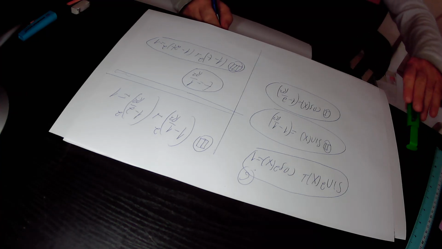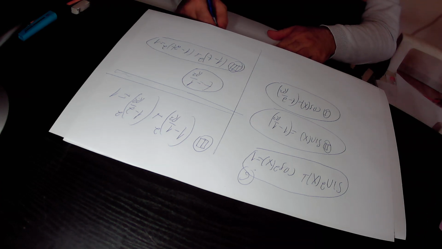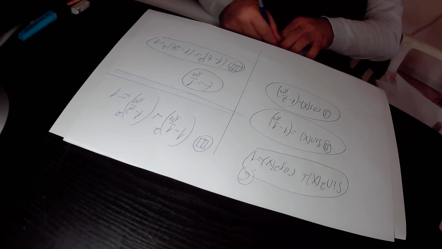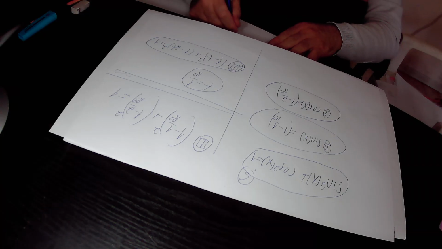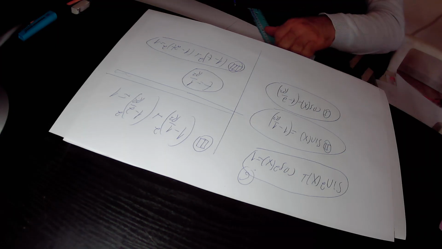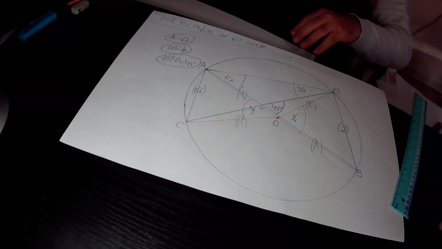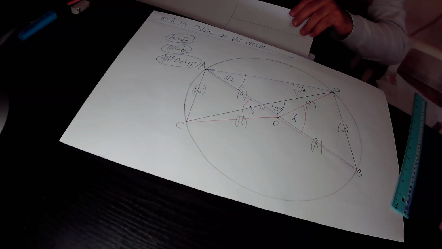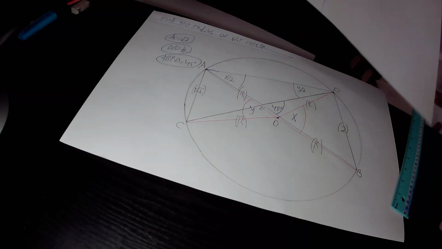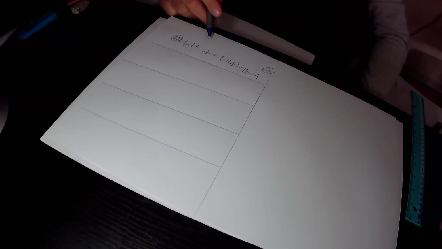So we found out that according to equation 3, 1 plus t squared minus 2t plus 1 plus 4t squared minus 4t equals 1.